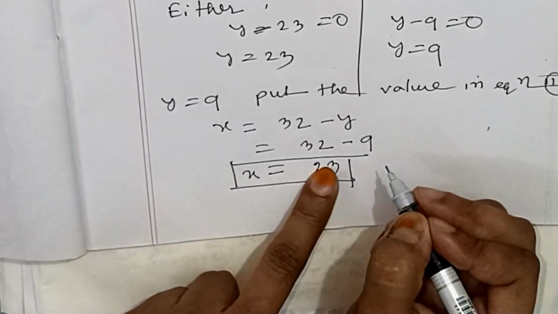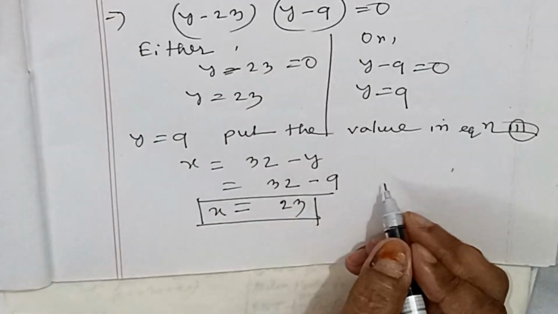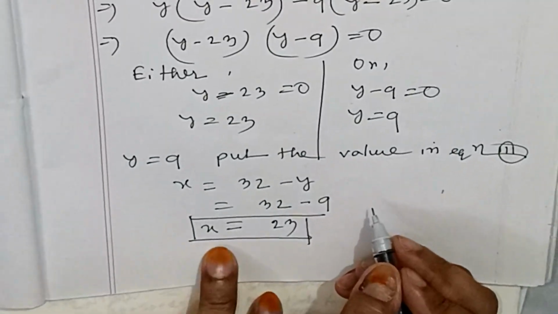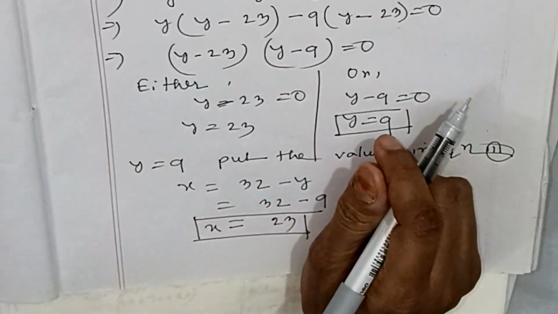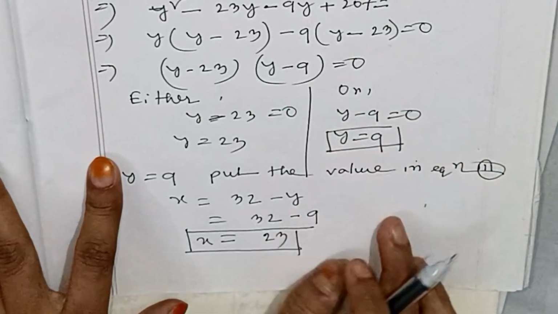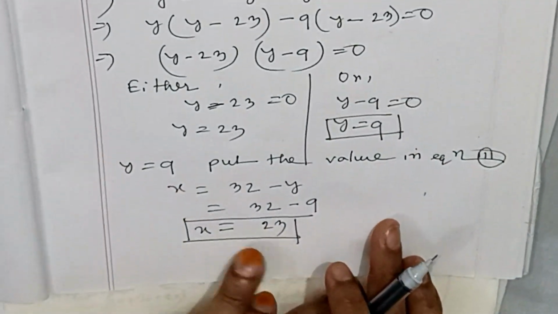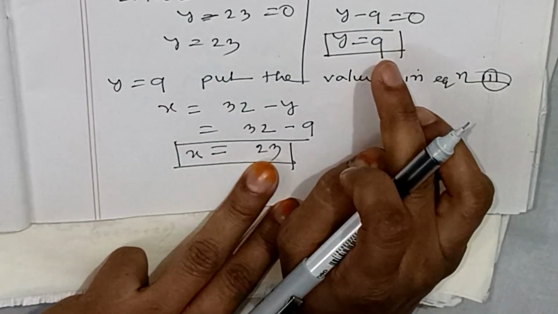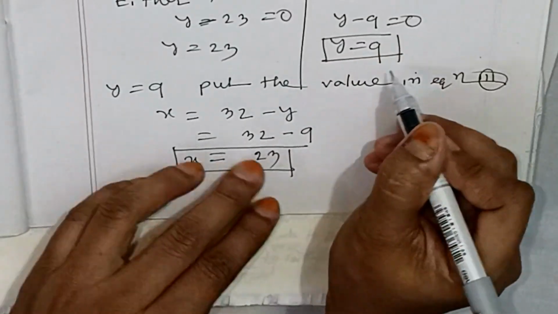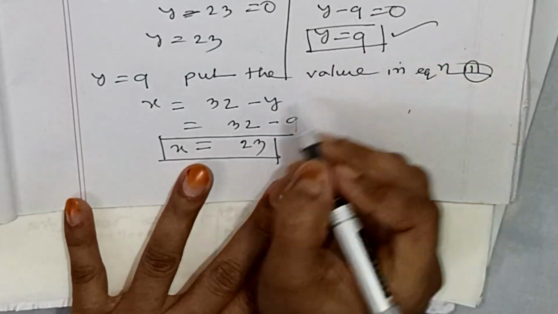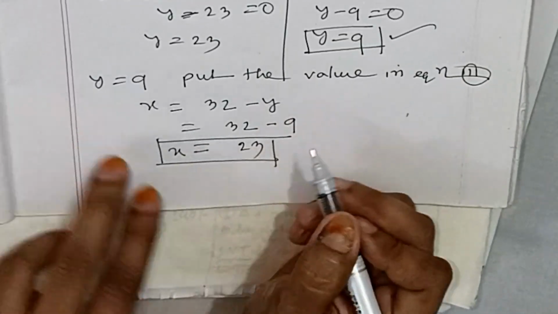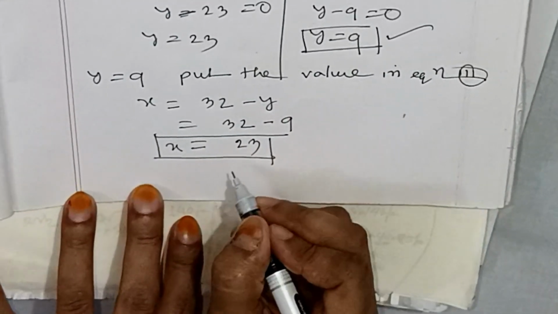So length is 23. We assumed here length is x, so x is 23 and we assumed here y is 9. So length is the bigger term and breadth is the smaller. So we assume breadth is 9.